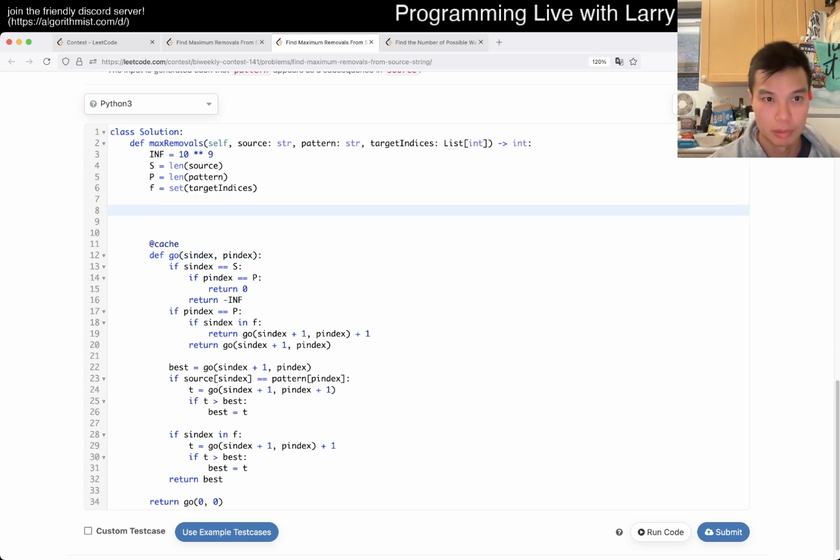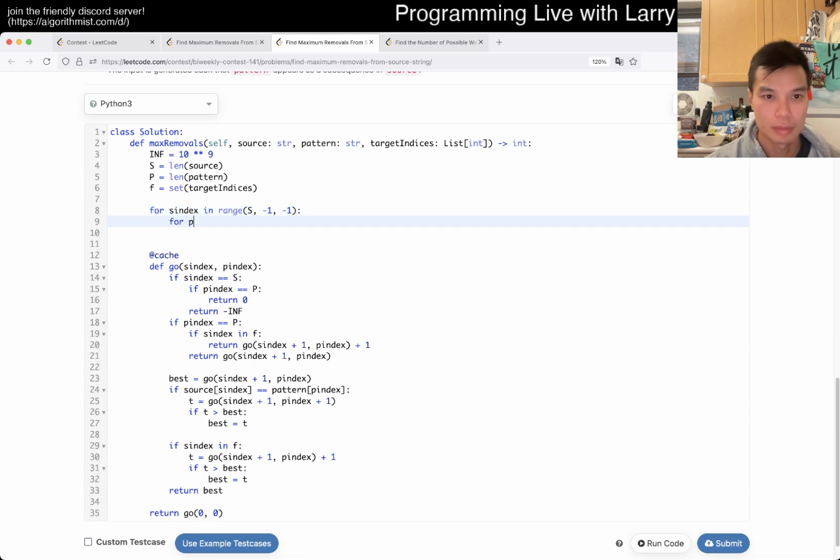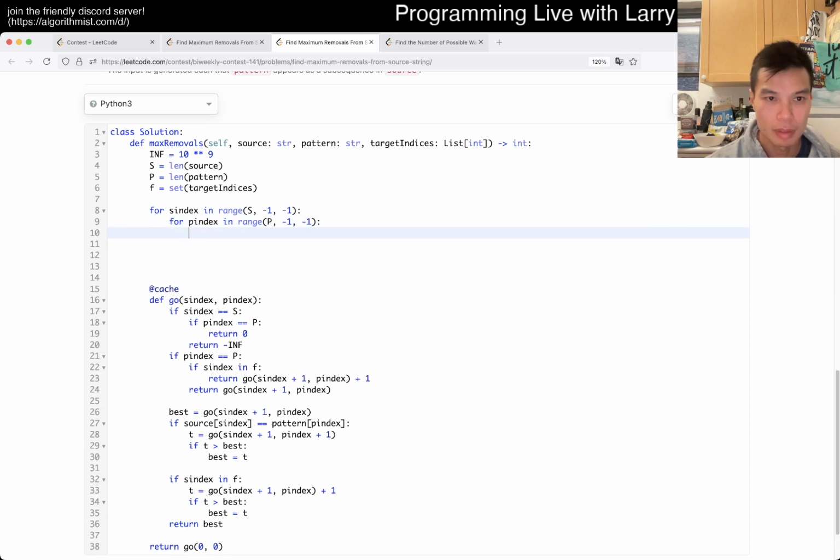Alright, so which one do we have first? Right, P index, S index depend on the previous.